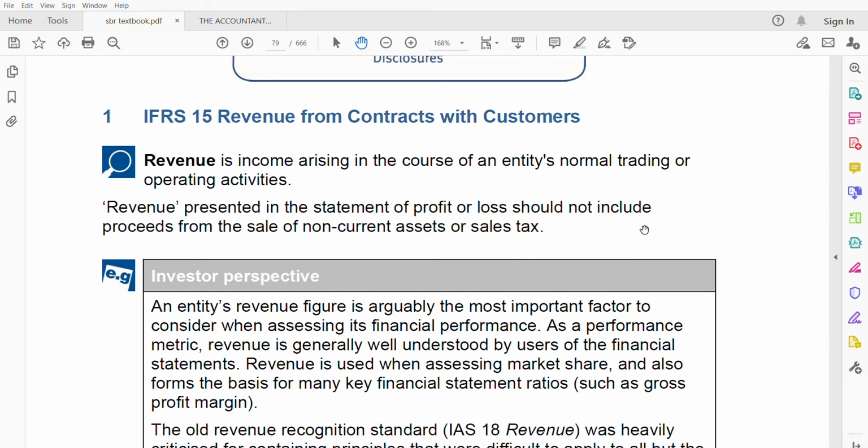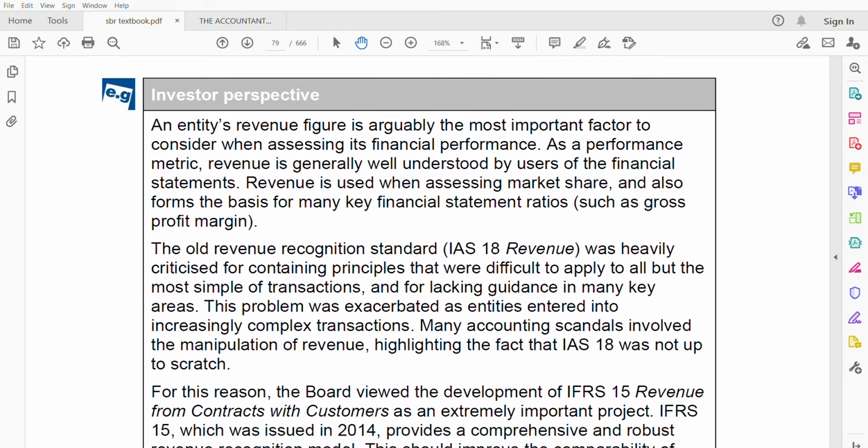So let us see an investor perspective. An entity's revenue figure is arguably the most important factor to consider when assessing its financial performance. That's why there is a separate standard on revenue recognition. This is one of the areas where entities manipulate the figures to show that they are performing well, right? And trust me, it happens.